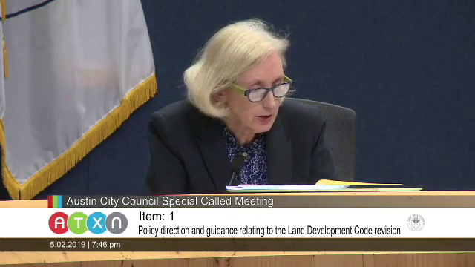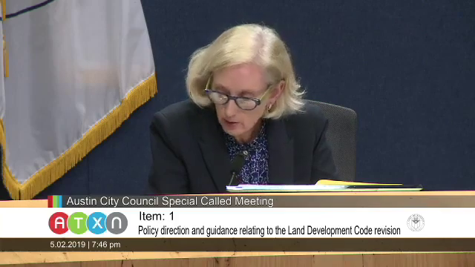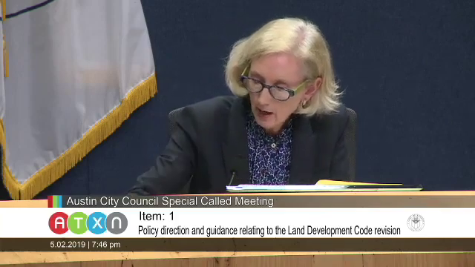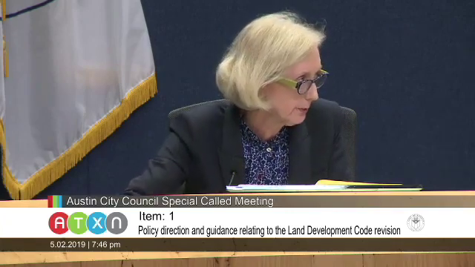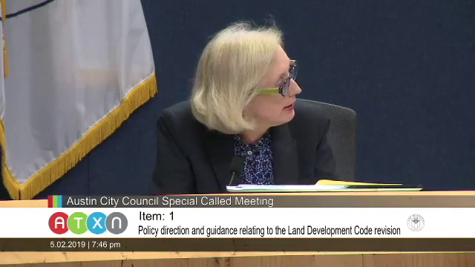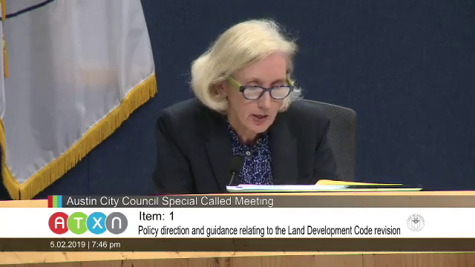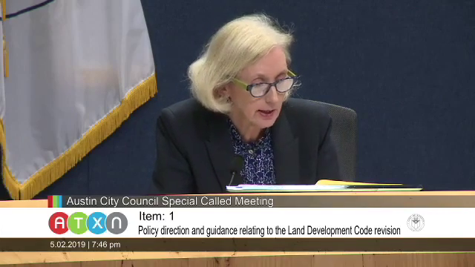In other conversations, we've given examples. For example, the East Riverside Corridor addresses standards like these. This language is not suggesting any particular standard, nor is it referring to any other example. It's just saying that we need to include these standards.